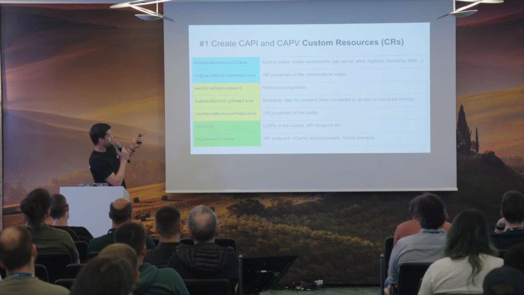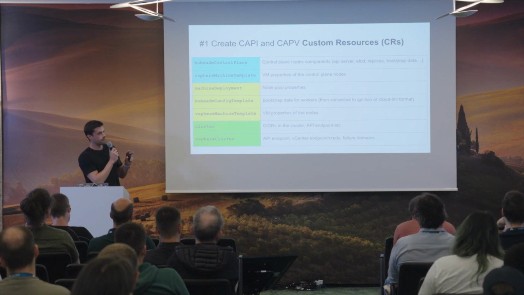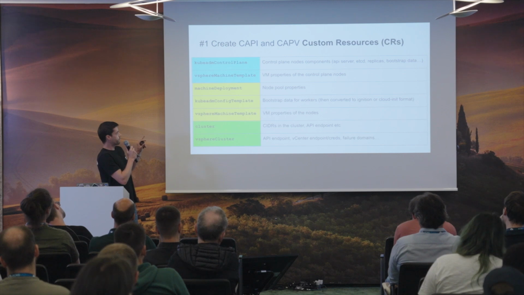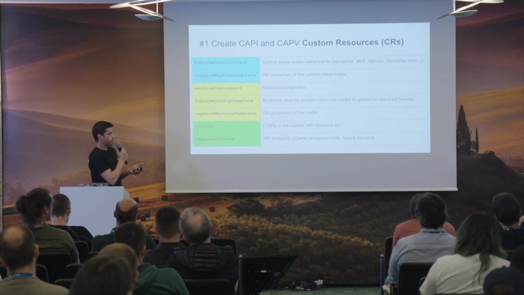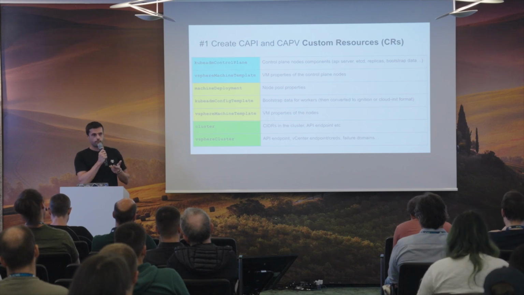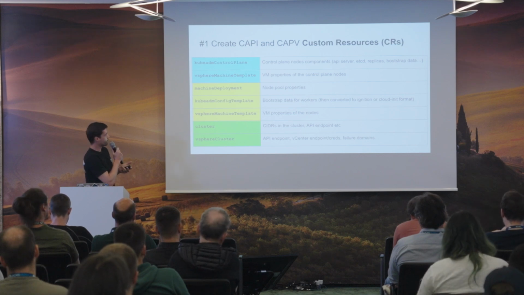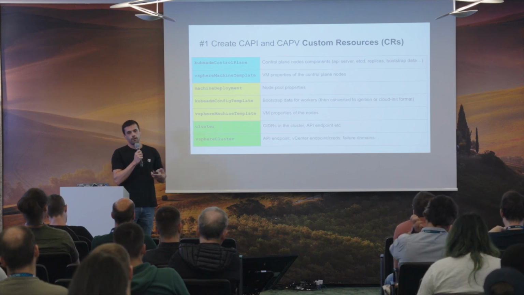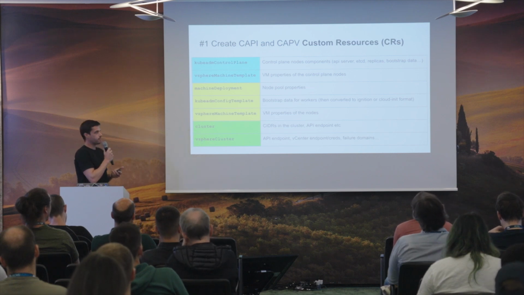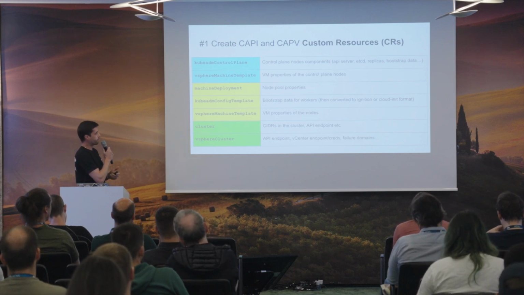For the node pools, in yellow, we have pretty much the same logic, except it's split. We have the machine deployment, which describes the number of replicas and node pool properties of this specific node pool. Then we have a kubeadm config template, which is essentially the same as for the control plane, but without any Kubernetes API stuff, of course, and the same infra machine template.